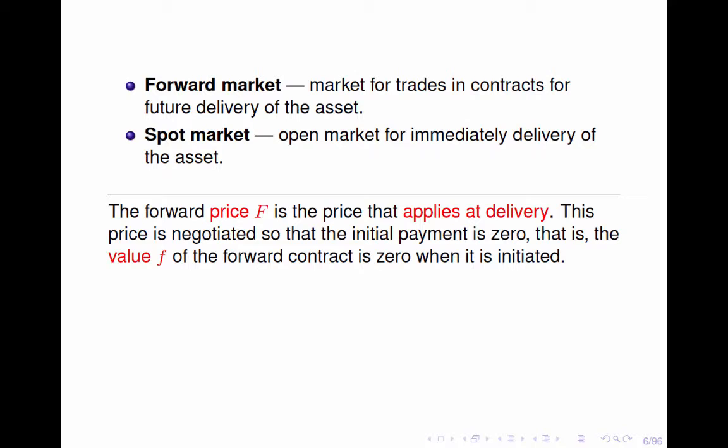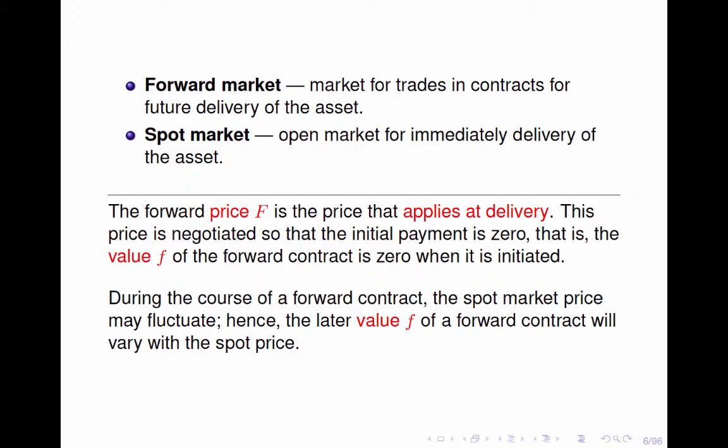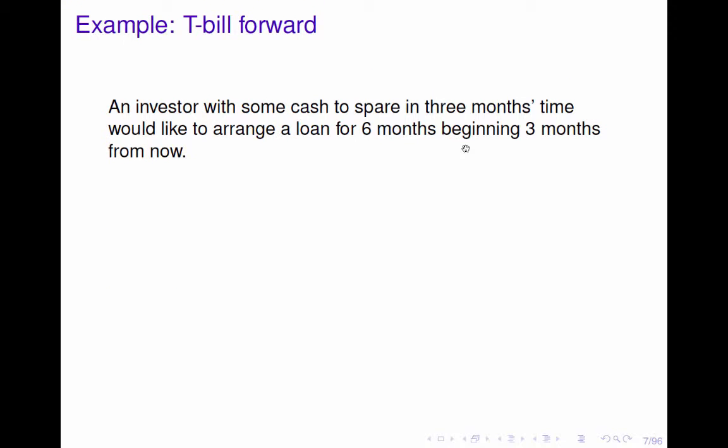Throughout the module, we will use the capital letter F to denote the forward price, which is the price that applies at delivery. The value of a forward contract, denoted by the small letter f, is 0 when the contract is initiated, but will vary during the course due to the fluctuation of the spot market price.